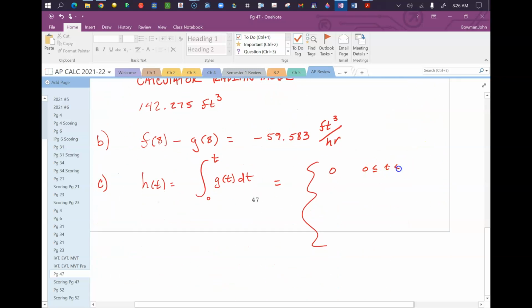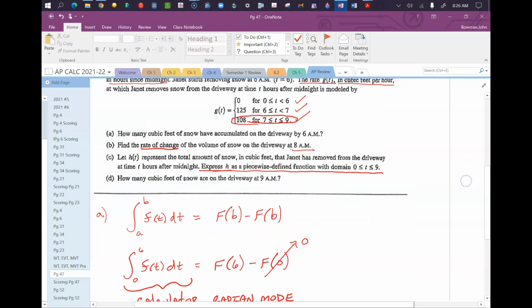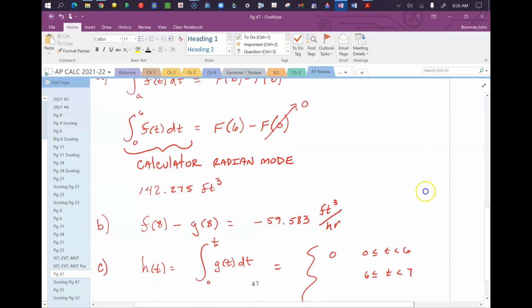So 0 to 6 a.m. And from 6 a.m. to 7 a.m., she was removing snow at a rate of 125 cubic feet per hour.